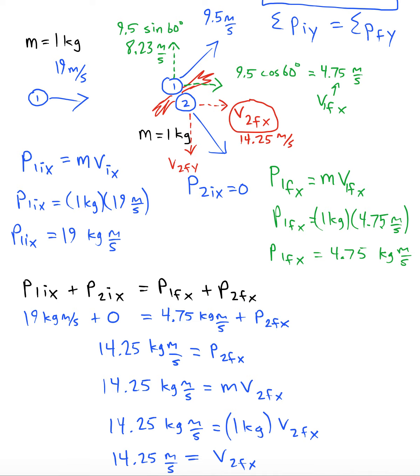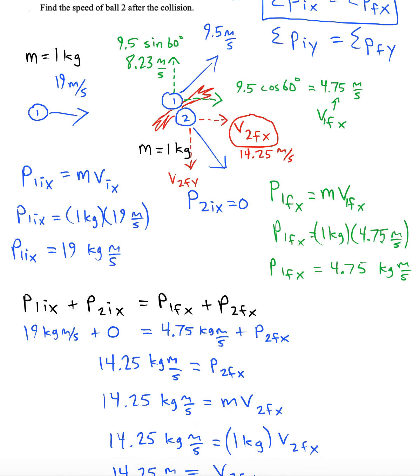That has to be conserved post-collision according to this equation here. The sum of the initial momentum in the y direction at the beginning has to equal the sum of the momentum in the y direction at the end. But the sum of the initial momentum was 0, so the sum of the final momentum has to be 0 too.